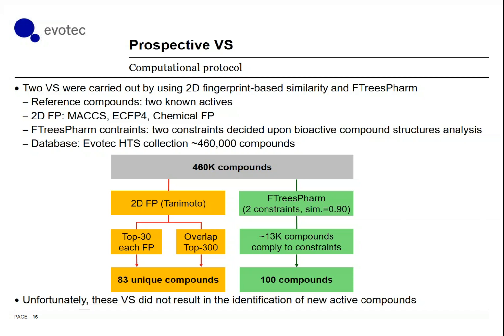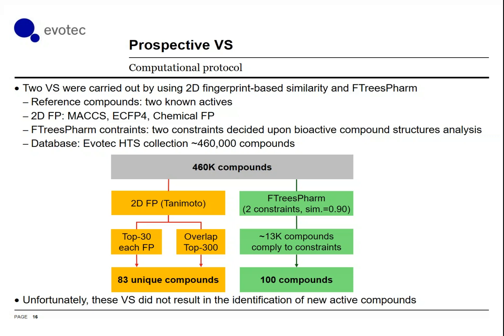And while for F3s farm, about 13,000 compounds of the initial 460,000 were able to be selected considering the pharmacophoric constraint that was applied. And among those 13,000, I have picked the 100 that had the highest global F3 similarity.